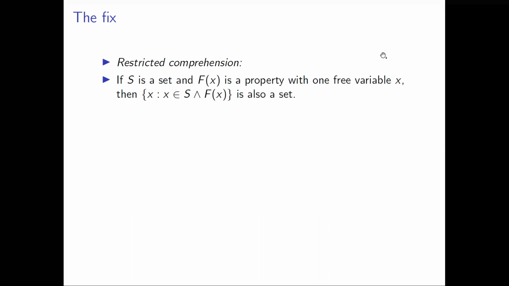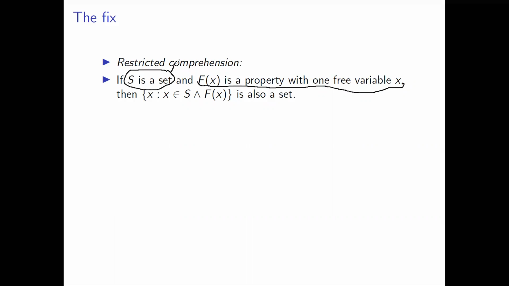The way we can define this rule is we can say that if S is a set and f of x is a property with one free variable x, notice that this part is the same as before. So this part did not change. This right here is the new part. So if S is a set and f of x is some property with one free variable x, then we can define this, which is a set.